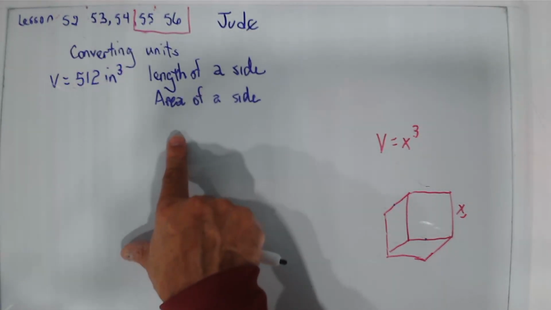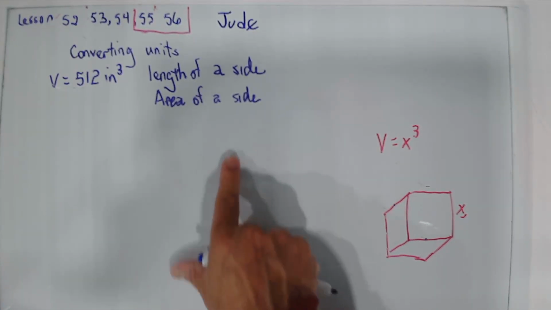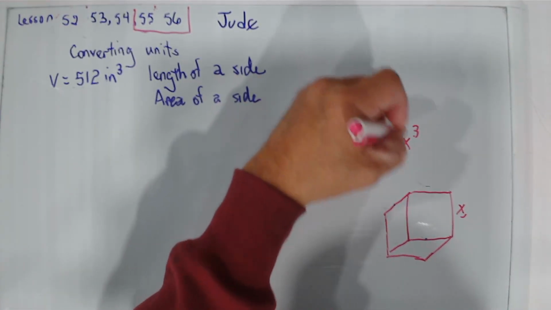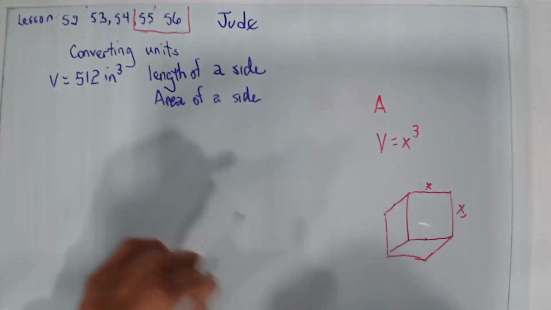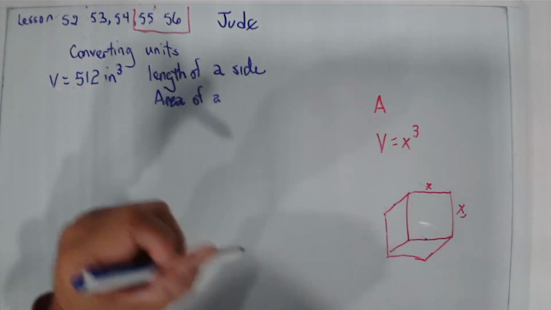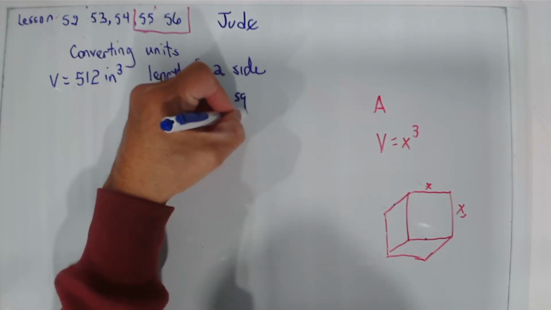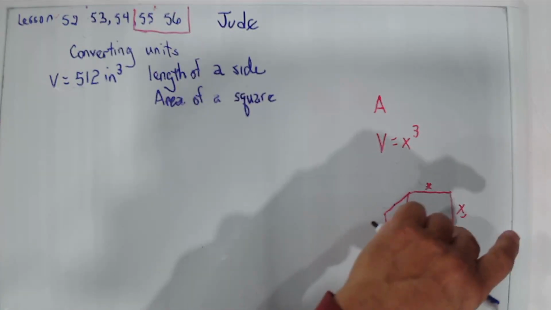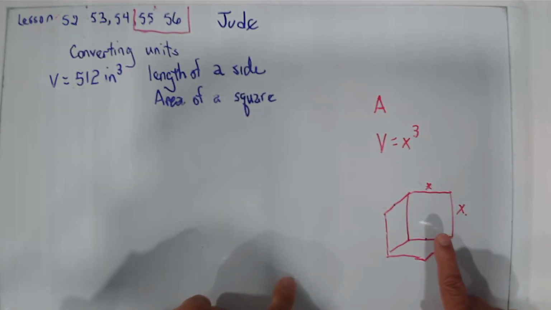Another thing that we're going to be looking for is the area of a side. Well, we know the area. And what do you get when you have, actually this should be the area of a square. What do you have when you have a cube? Well, they're all built out of squares, right?